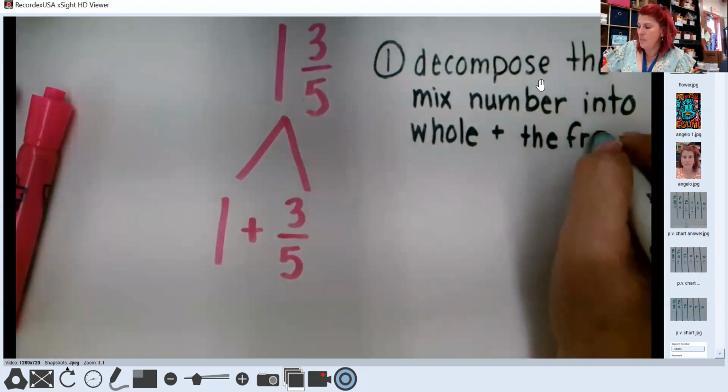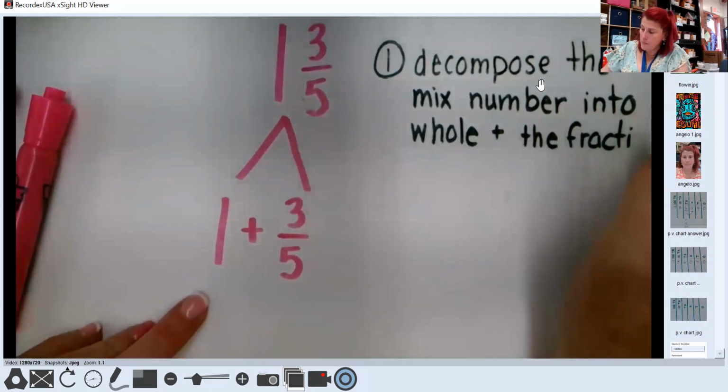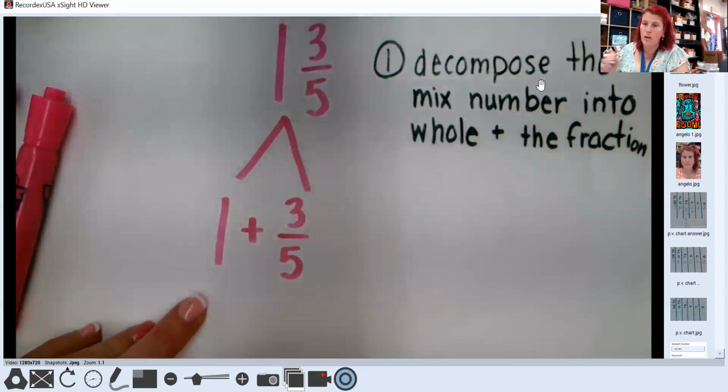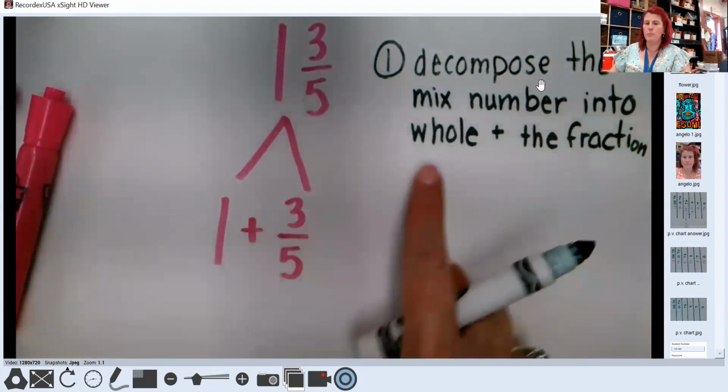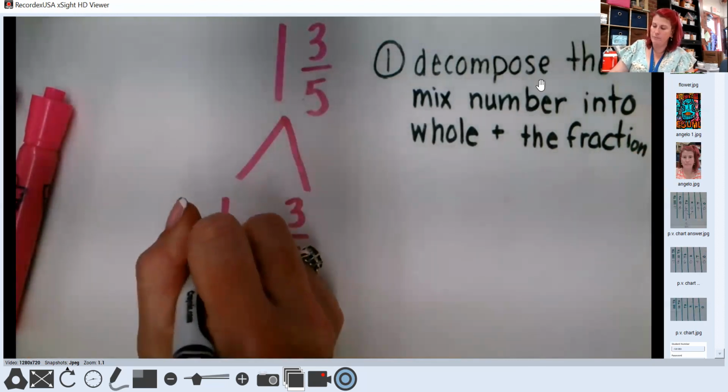That's the first step, which is what I've done right here. They're kind of small, so I'm going to decompose the mixed number into a whole number plus a fraction. So this is step one right here.